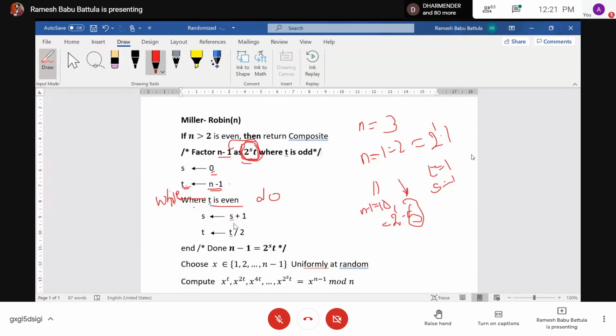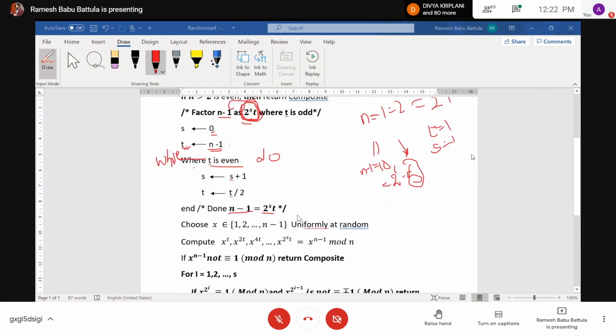You continue this process. Finally, you can represent your n minus 1 value as 2 to the power s into t. Then choose x belonging to 1 to n minus 1 uniformly at random.